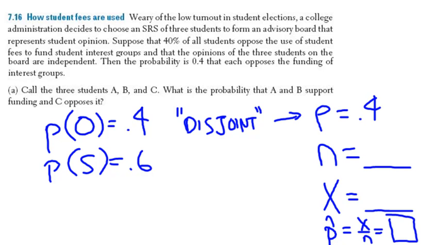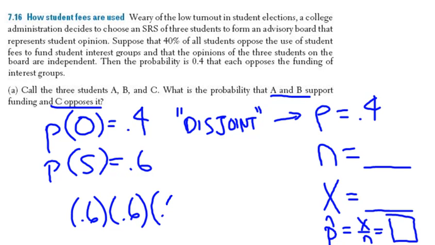And to find things such as what is the probability that A and B support and the third opposes? Well, that's a chance of 0.6 each, and that the third one opposes it, that's 0.4, and now I can simply use my multiplication rule to multiply this out, and I get 0.144.